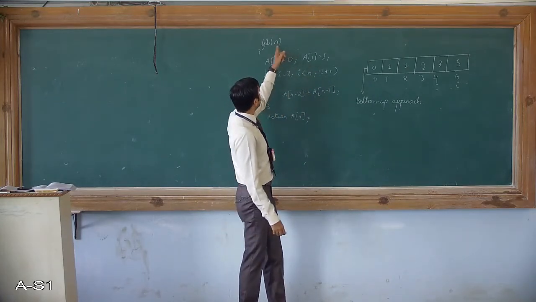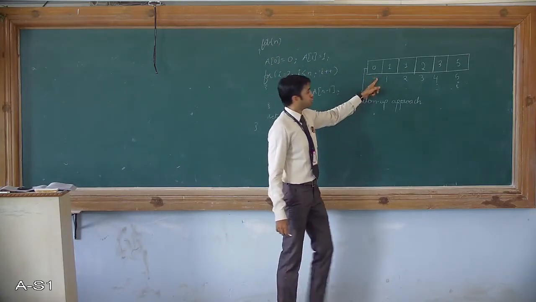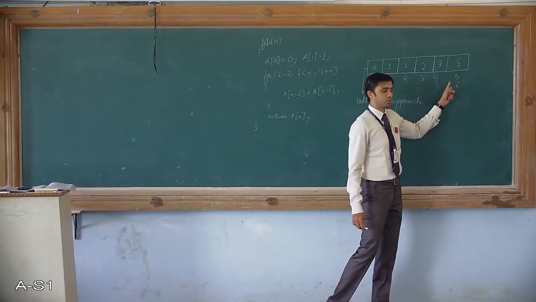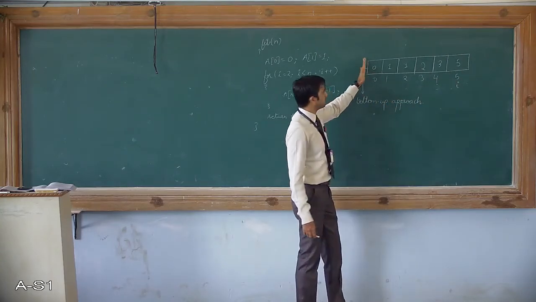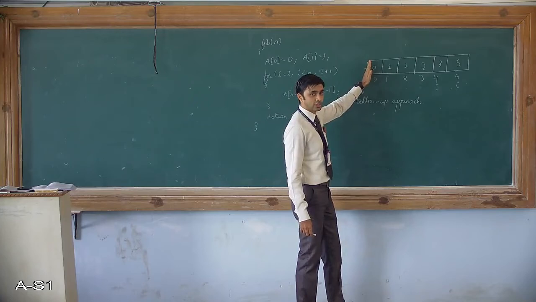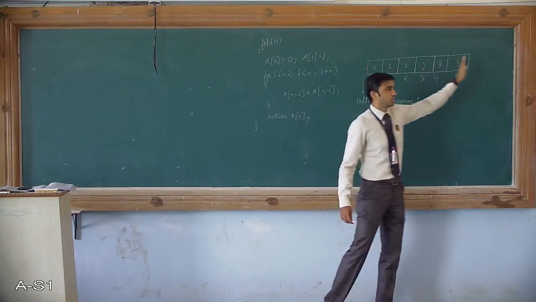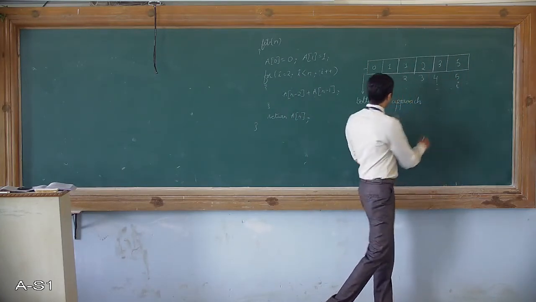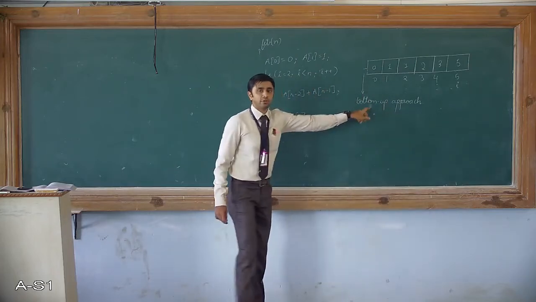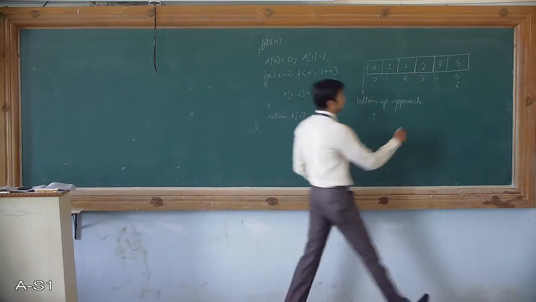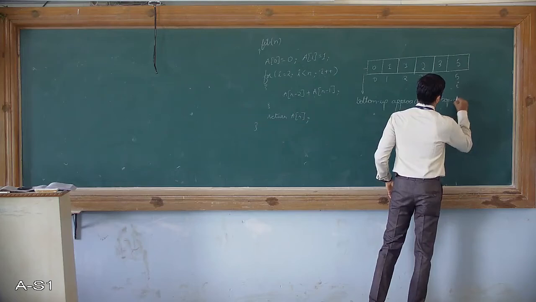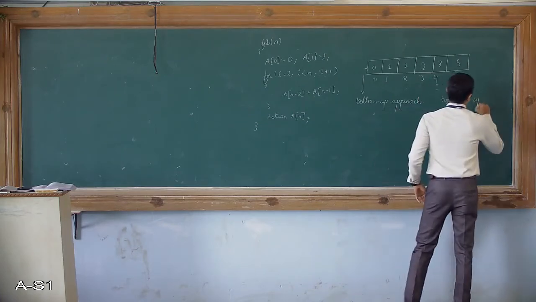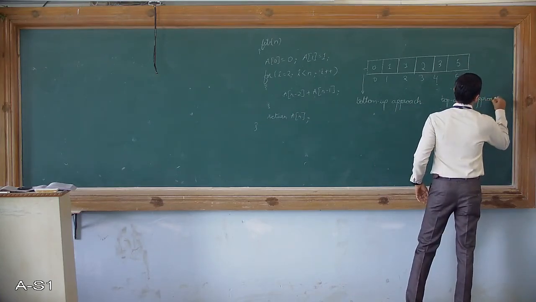See here, n value is 5. So to reach the value n, we are starting from below, from the 0th element. So from 0, we are going to n. So this is bottom-up approach. Whereas in recursion, what we have seen, it is top-down approach.